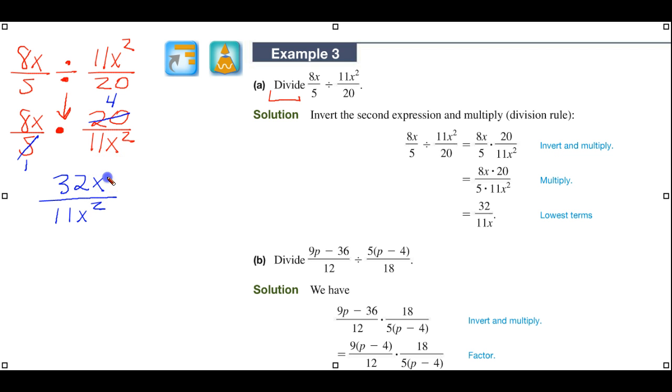This is x to the first, and this is x to the second. In fact, let me just write it this way to show you. Now, one of the x's could cancel out. One of these x's, wanted to change color, here we go. This will cancel with this. So now your final answer is 32 over 11x.